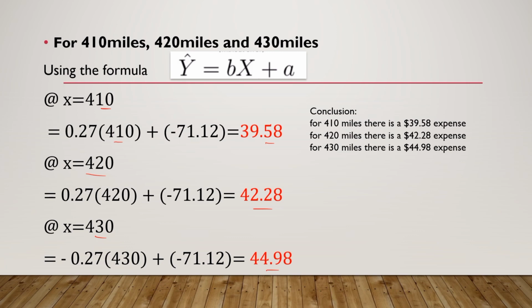So in conclusion, for 410 miles, there is a $39.58 expense. For 420 miles, there is a $42.28 expense. And for 430 miles, there is a $44.98 expense. From this conclusion, we can say that as the distance he has traveled increases, the expense for the gas also increases.